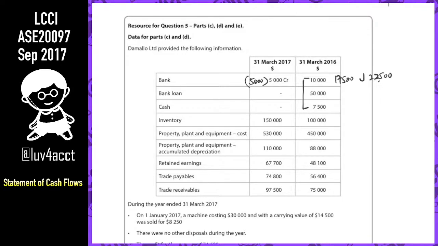Bank loan from 50,000 to 5,000, that would be a decrease of 50,000. Financing activities negative. Inventory increase of 50,000, operating negative. Trade receivables first. I like to follow the order. 22500 negative.